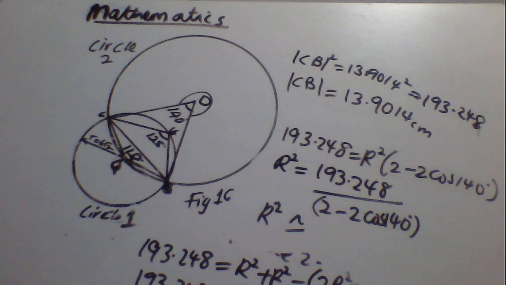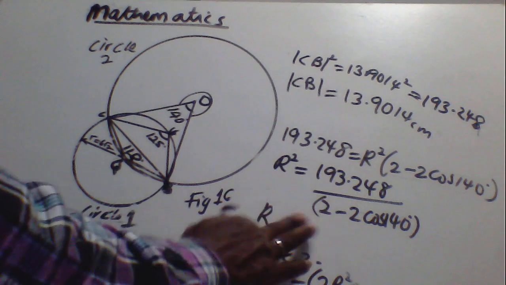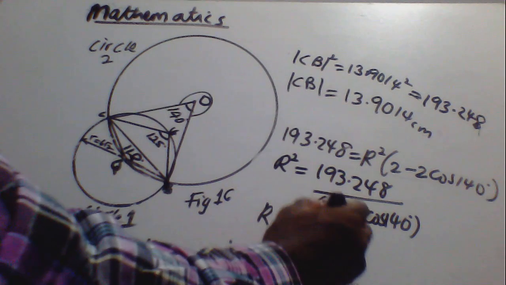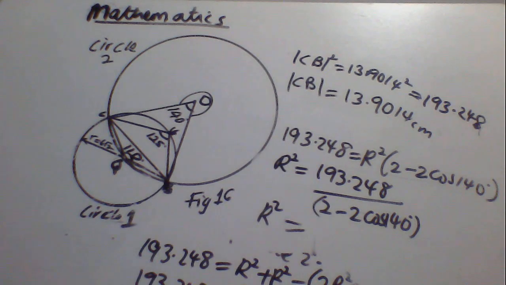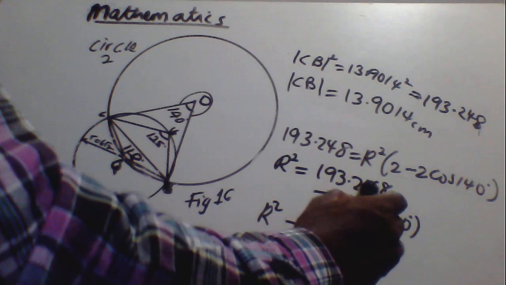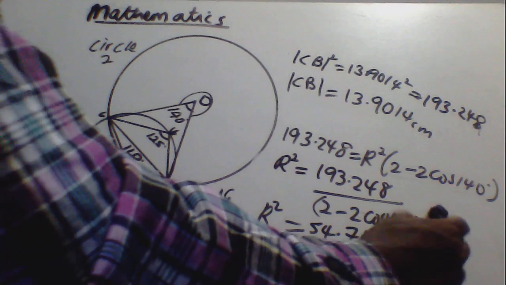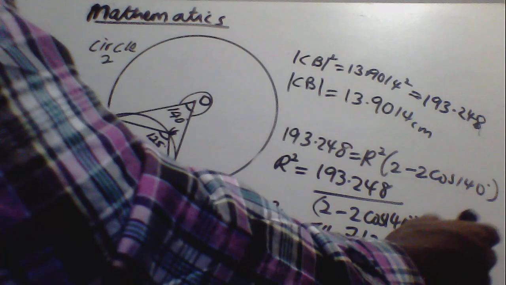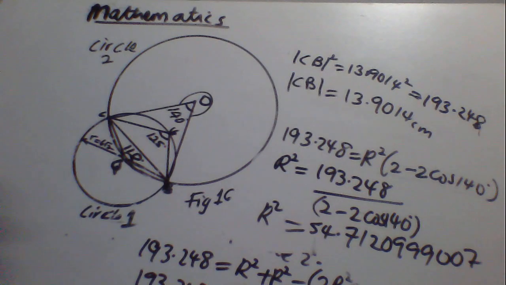So from here we have R squared will give us 54.7120999007. Use your calculator.